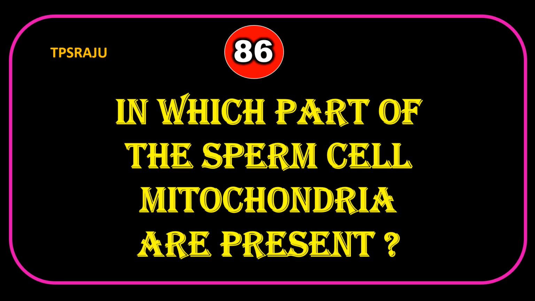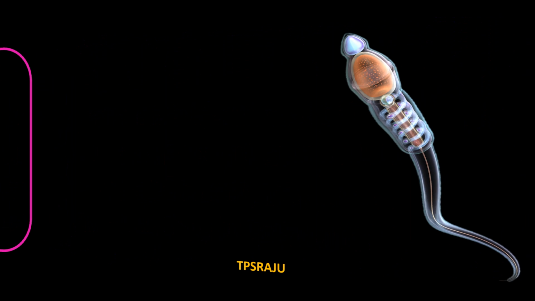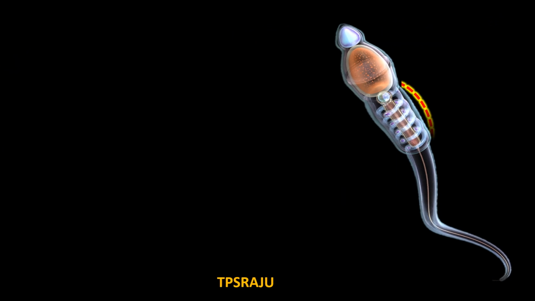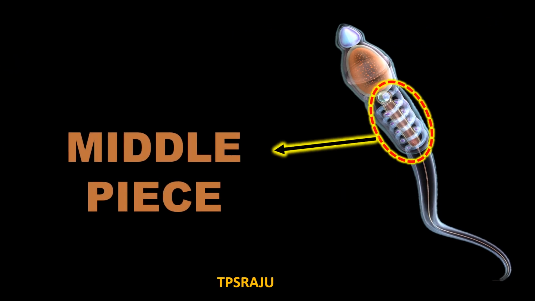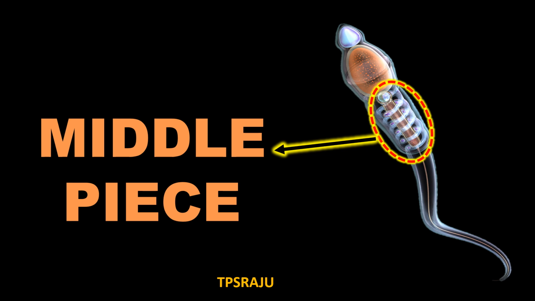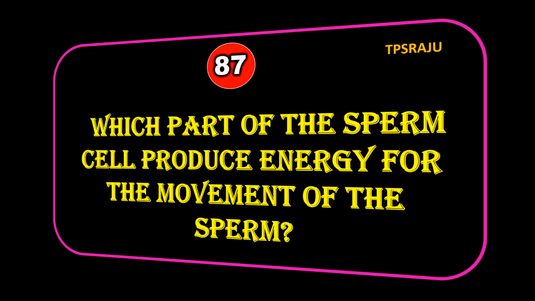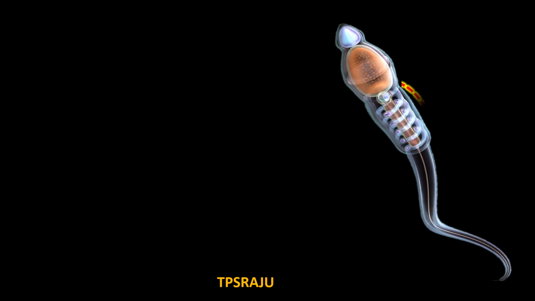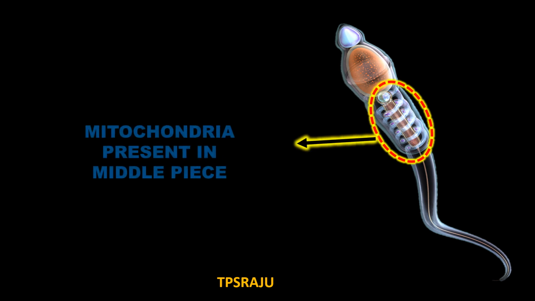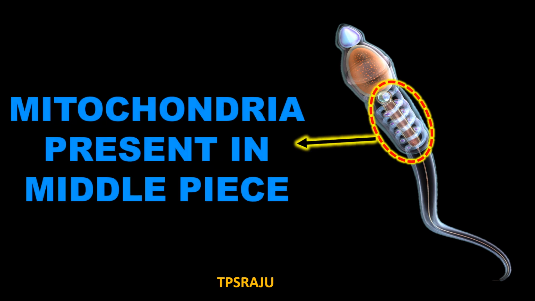In which part of the sperm cell are mitochondria present? Middle piece. Which part of the sperm cell produces energy for the movement of the sperm? Mitochondria, present in middle piece.